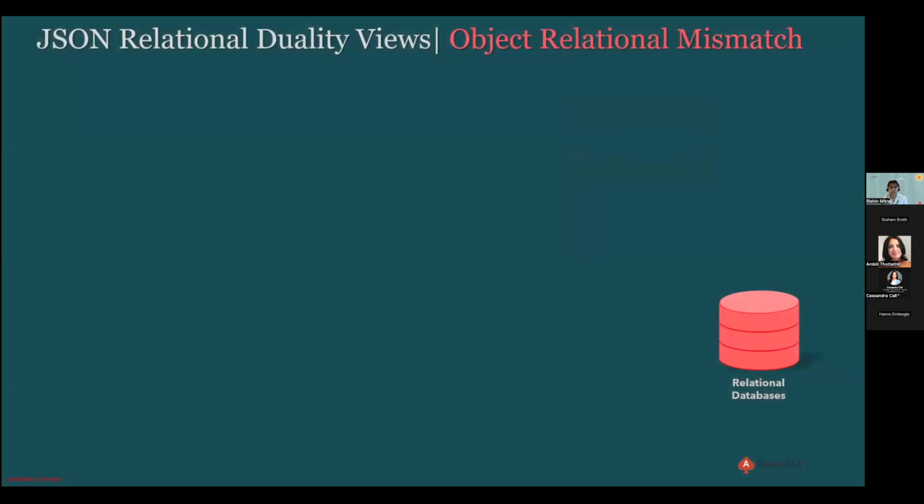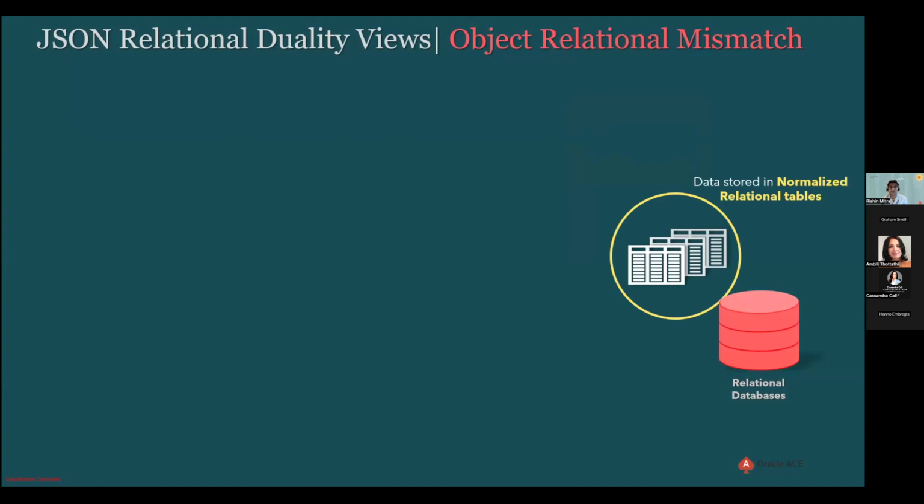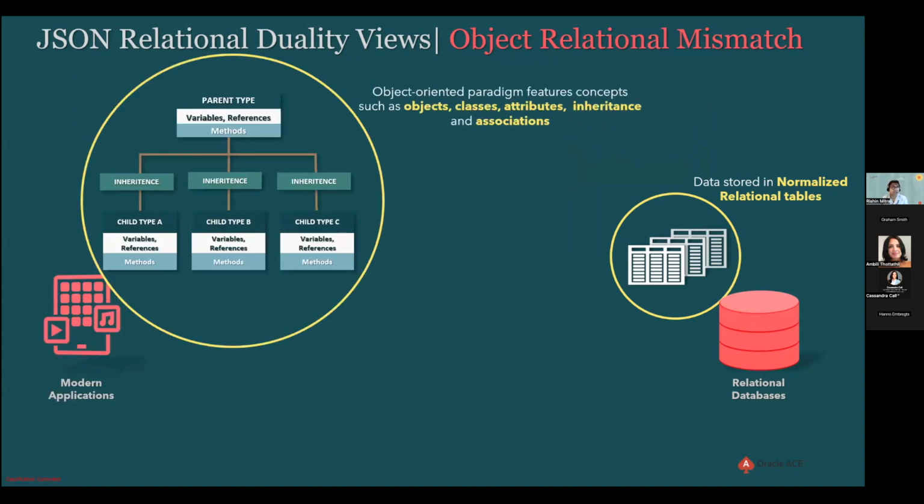Well, as you know, traditionally in relational databases, the data is stored in normalized relational tables, which means the tables are related to each other through foreign key and primary key joins. Whereas in modern applications, more importantly in the object-oriented paradigm, they include concepts such as object classes, attributes, inheritance, and associations.